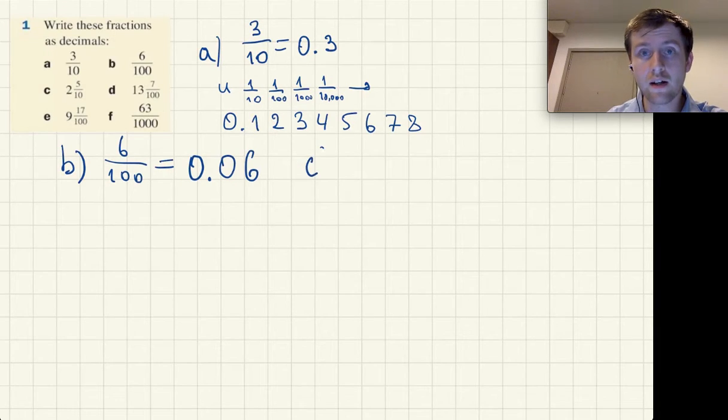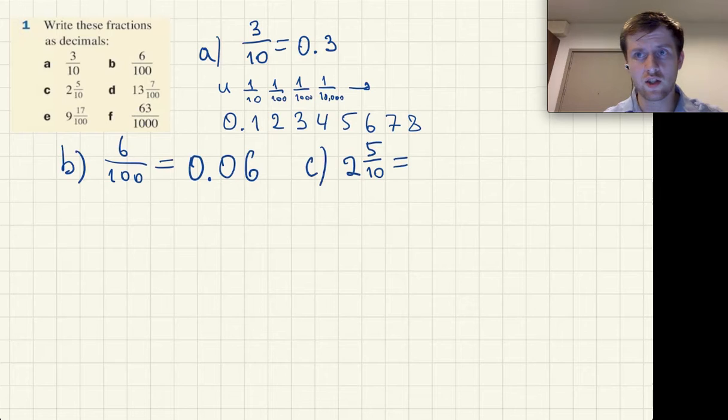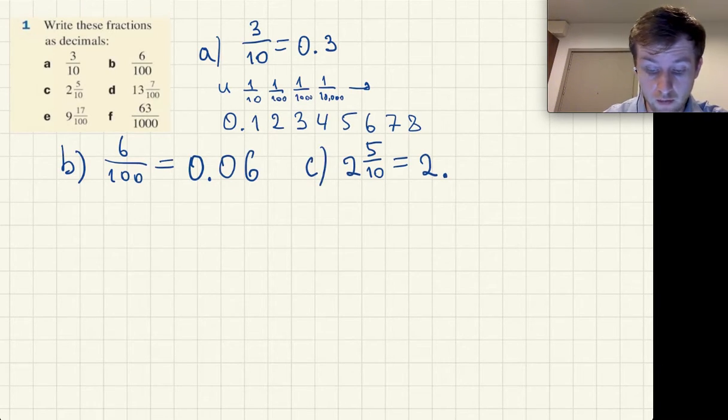In C, look at this, now we have a whole number together with a fraction. The whole number we can just leave like that. We have 2 units, then we put a point, and we have 5 tenths. Tenths come right after the point, so we can just write it as 2.5.